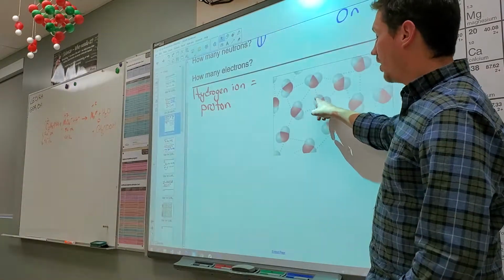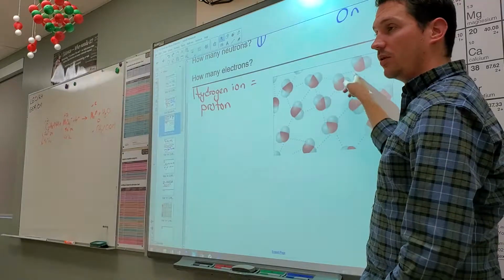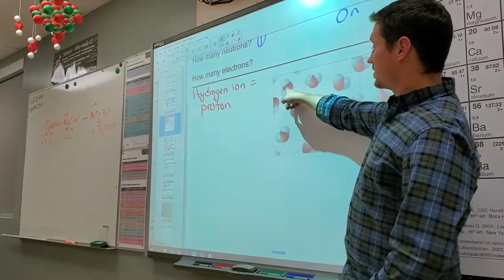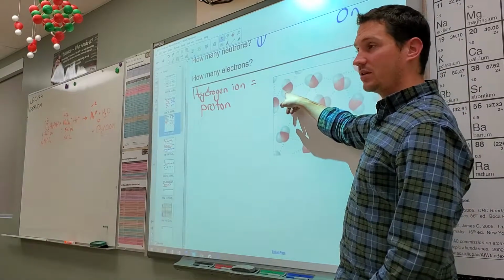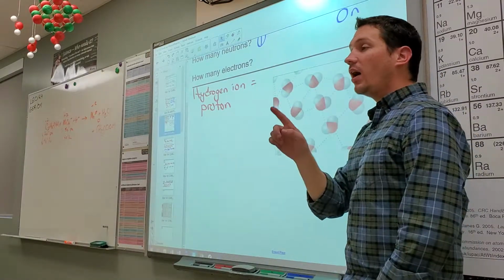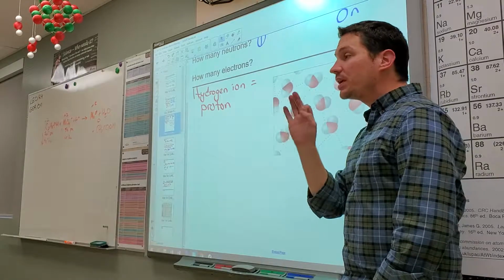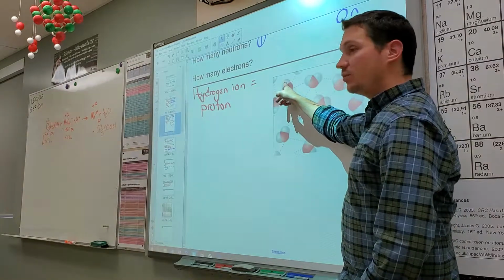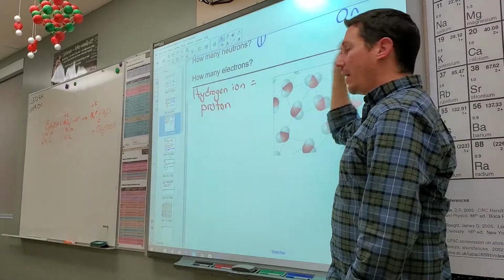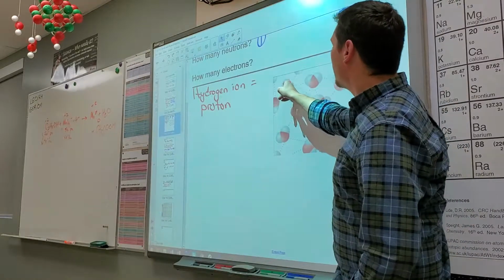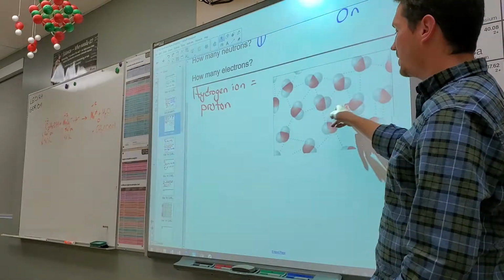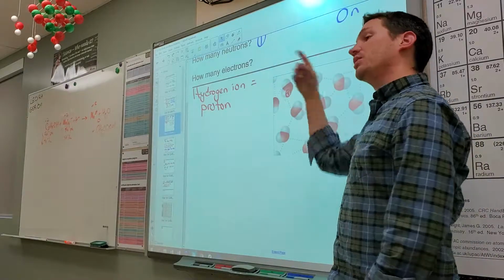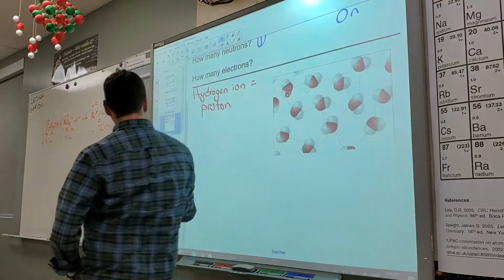Does this water molecule have hydrogens attached to it? Yes. Every once in a while, if you give this water a little bit of energy, a hydrogen will pop off of this molecule and start to bounce around from molecule to molecule until another hydrogen gets back to the original molecule.